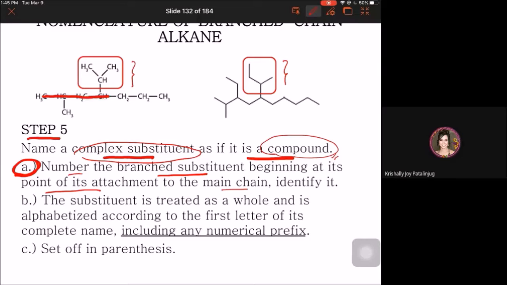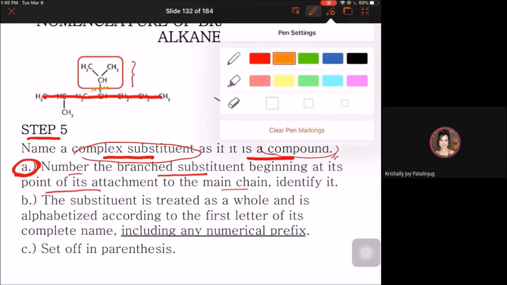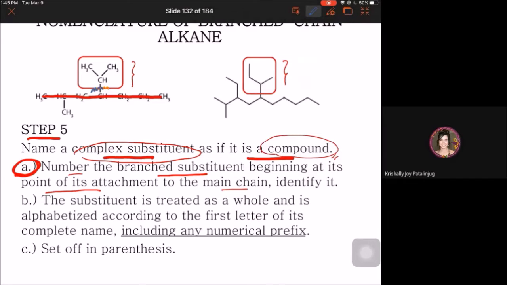So, suppose this is the main chain. This is the point of attachment for that complex substituent, the one highlighted in blue earlier. That is its point of attachment to the main chain.